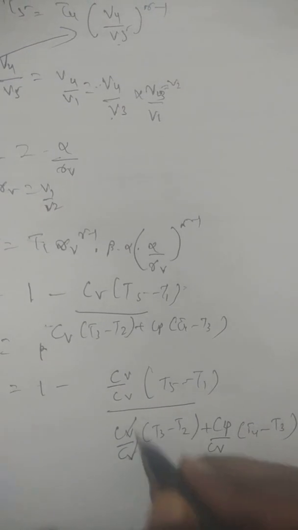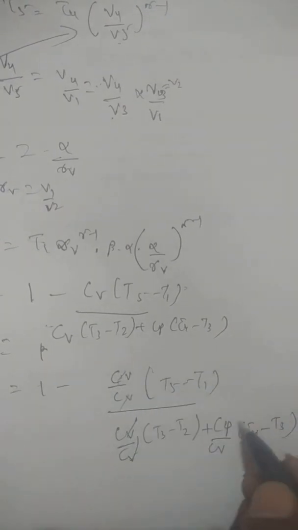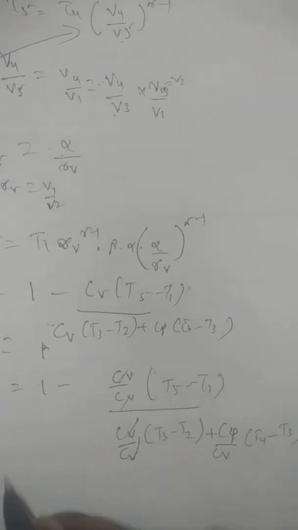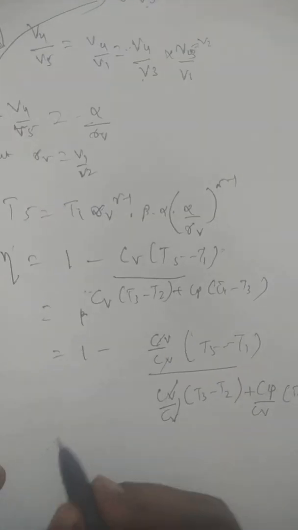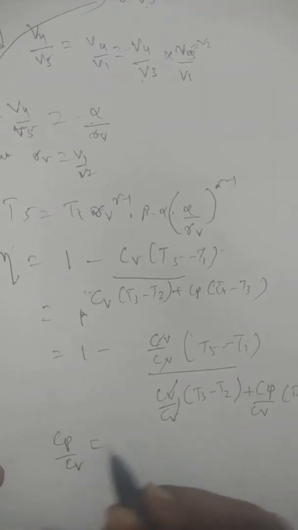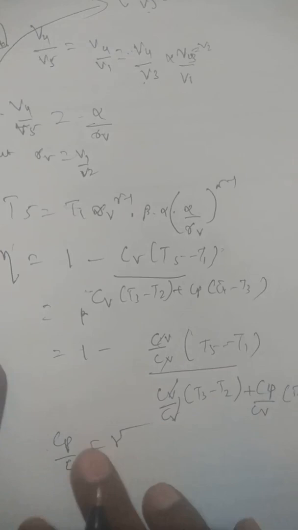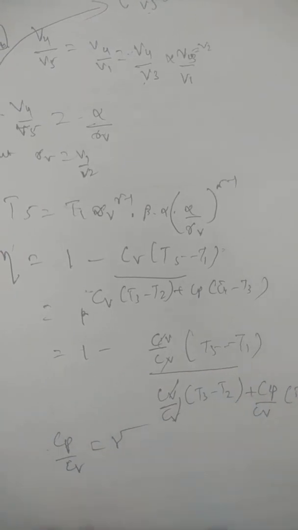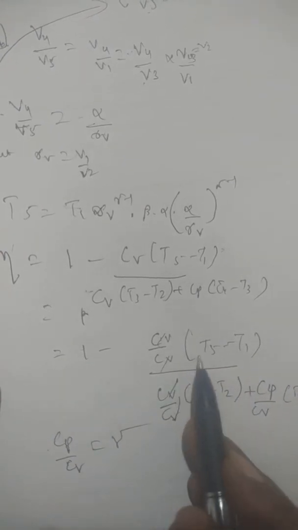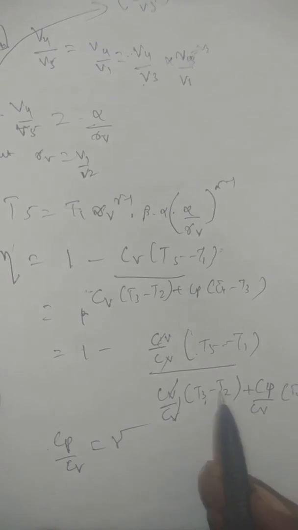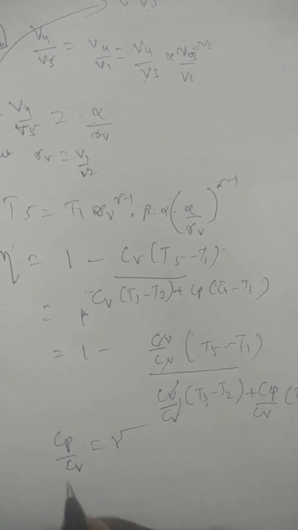So this CV cancels, this CV cancels, and CP by CV remains. You know very well CP by CV is equal to gamma. You can also substitute the T5, T4, T3, T2 equations.